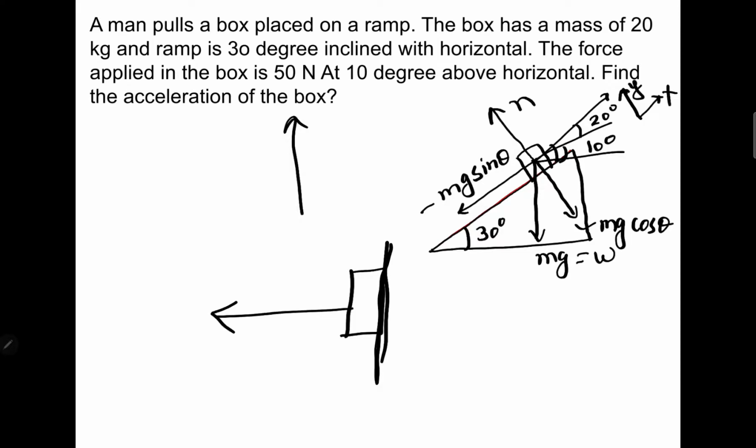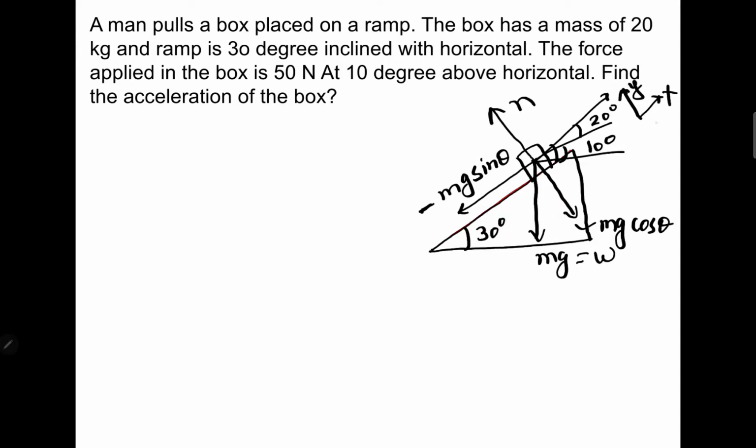It is perpendicular to the surface, not always facing upward. That is a very, very important point to be remembered. So this is the normal force facing upward. I wrote negative because this is the negative x-axis. This is the positive y-axis, and down will be the negative y-axis.